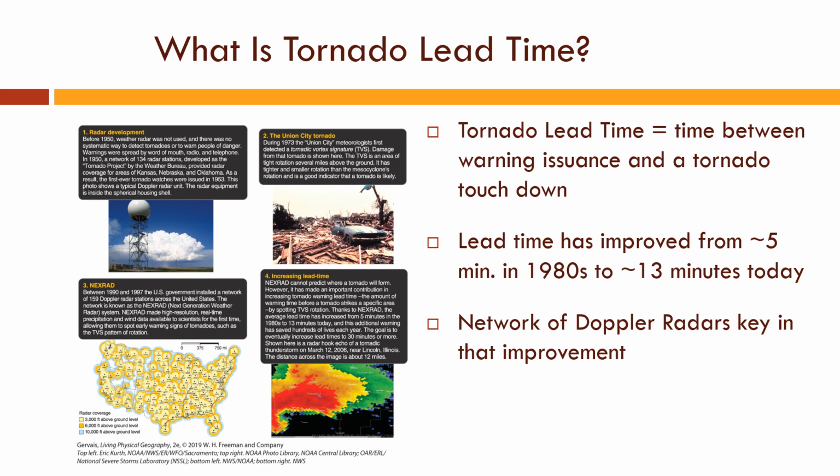Our lead time has improved from about 5 minutes between warning issuance and the tornado touching ground in the 1980s to about 13 minutes today. And they are continually working towards increasing that lead time, because the longer you have for people to get to safety, the more likely they will survive the tornado.